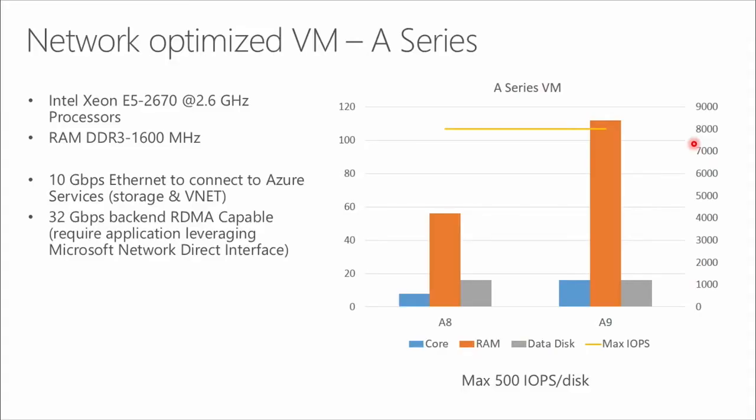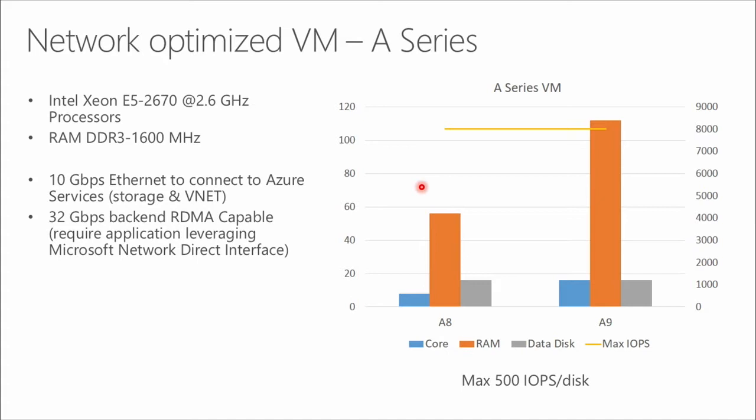So we've seen the general use VMs, the A series for general use. Now we have a couple of VMs, the A8 VM and the A9 VM. Those two VMs are network optimized.